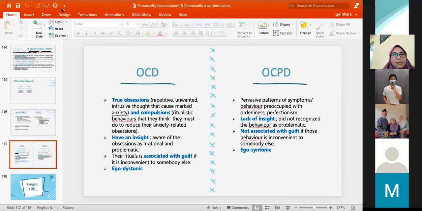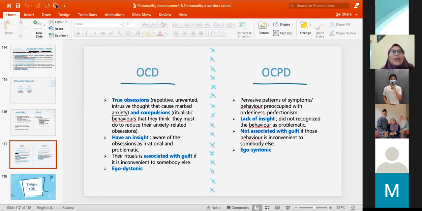But if ego syntonic, the self or their ego is aligned with who they think they are, meaning that they are perfectionists and they have orderliness, but they think that it is who I am. Okay. That's what I understand. Yeah, that's right.